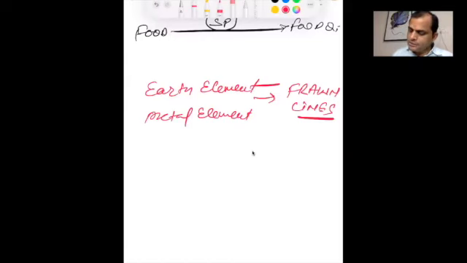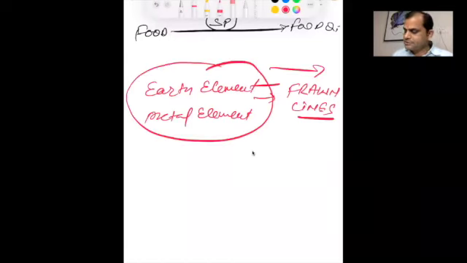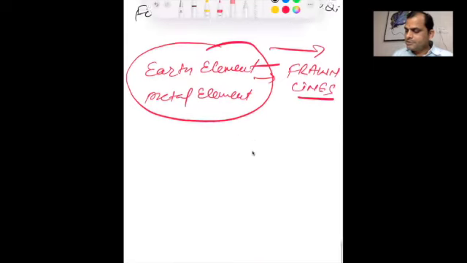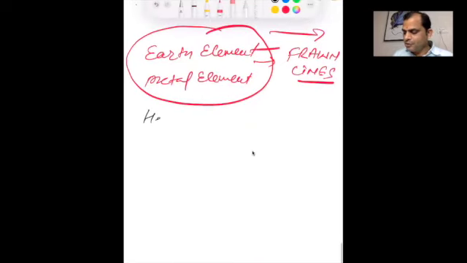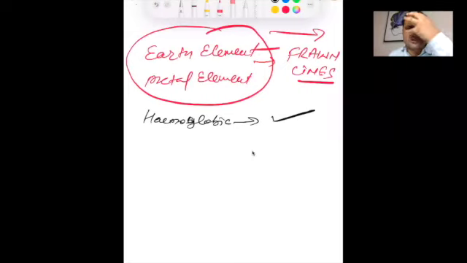And as soon as we correct the front lines, definitely hemoglobin will also become normal. That's why when we are doing treatment on the face, it is also improving the hemoglobin. So the patient will get improvement in the anemia.